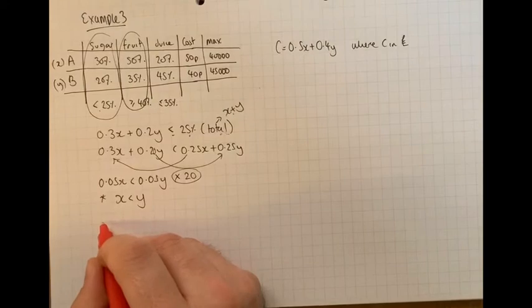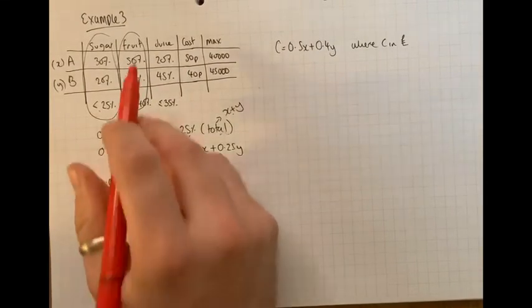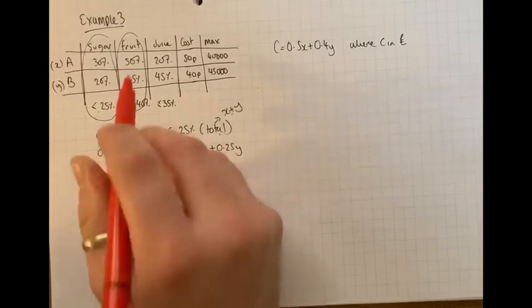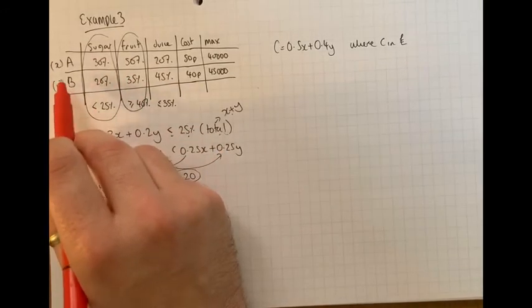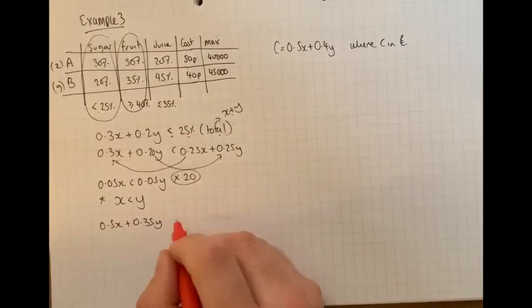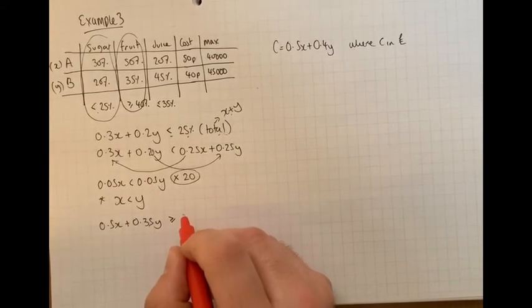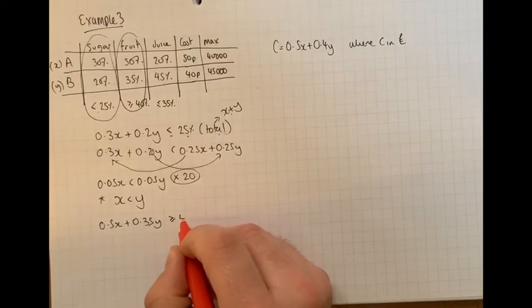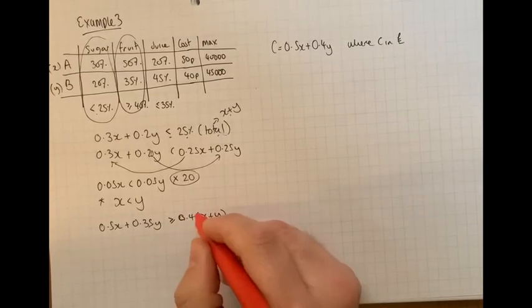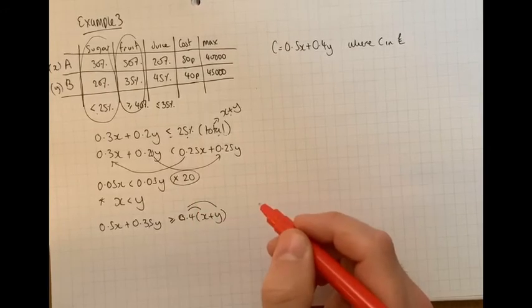So we've got 0.5x, 50% of A, plus 0.35y, 35% of syrup B. That's the total amount of fruit in your blend. That must be at least 40% of the total. So 0.4x plus 0.4y.